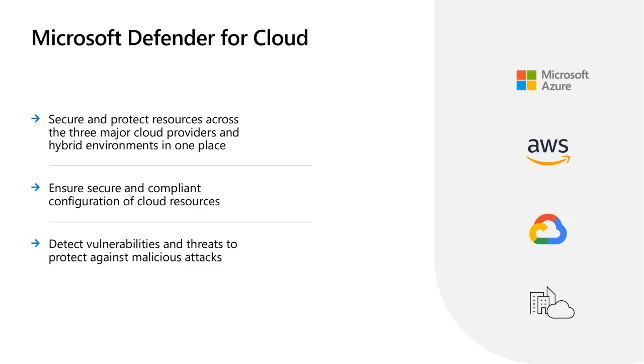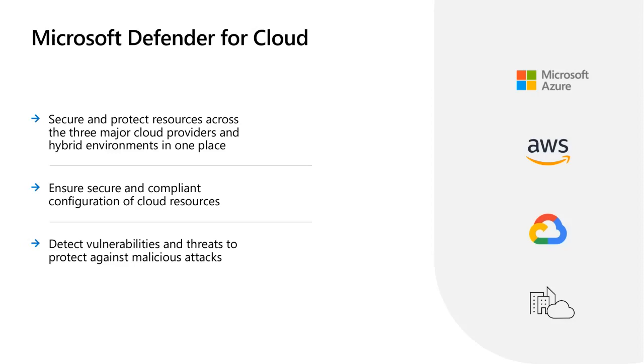We have comprehensive coverage for regulatory compliance on all three clouds. You can go and check what's your PCI or CIS or NIST status in all these clouds. And we also detect vulnerabilities and threats across all three clouds and create alerts in case of suspicious or ongoing attack.